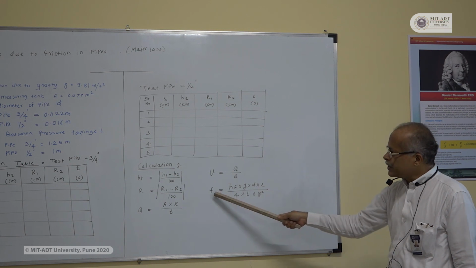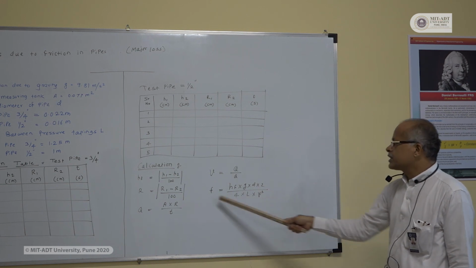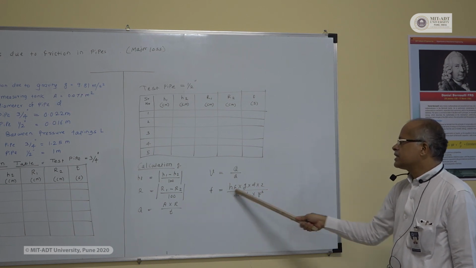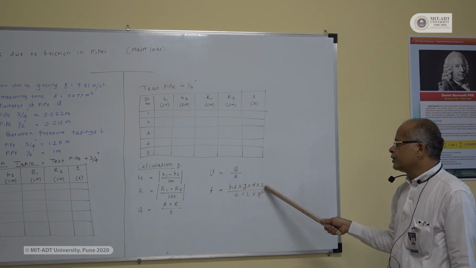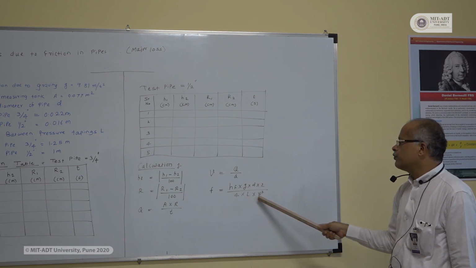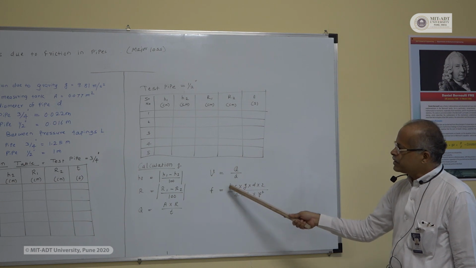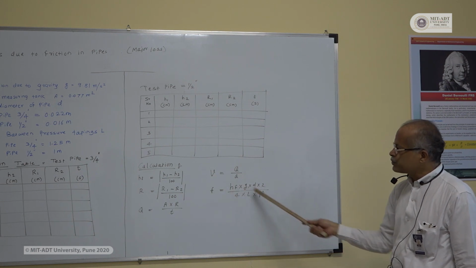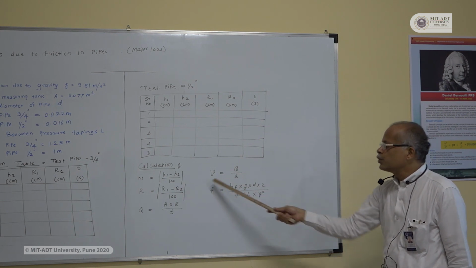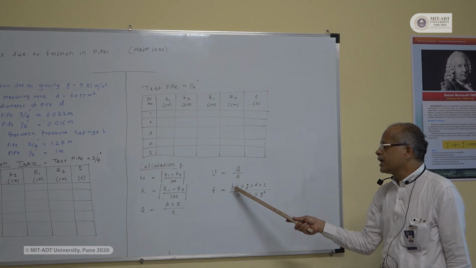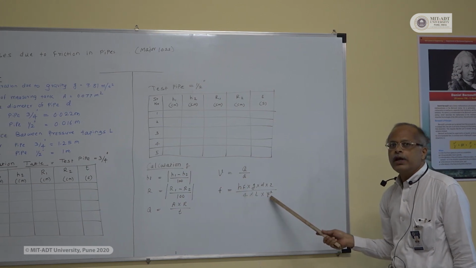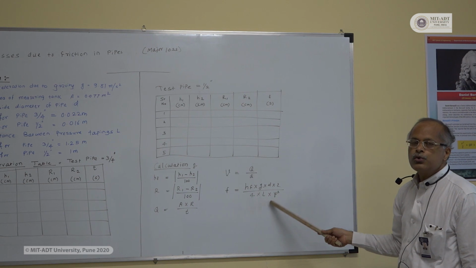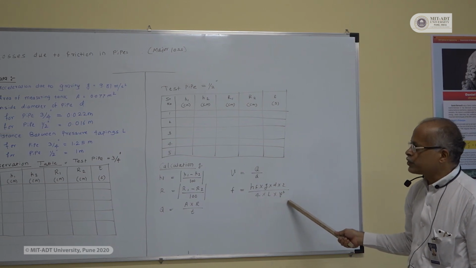So f is HF g D times 2 divided by 4 L V square. If we consider HF, the head loss, then the V square term comes to the numerator. So head loss depends upon velocity and is proportional to the square of the velocity.